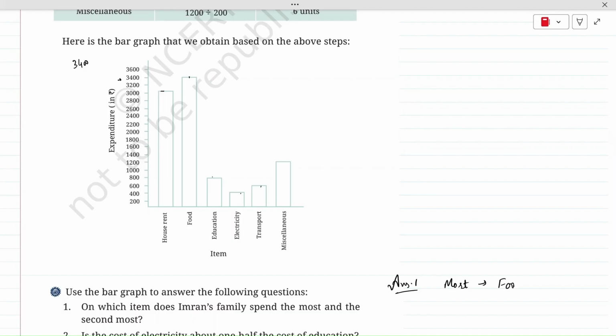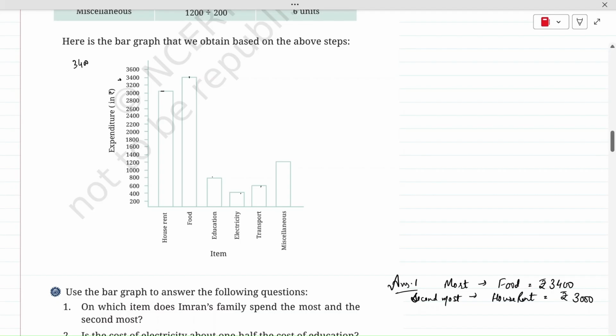And on food, how much are they spending? They are spending 3400. And the second most is after food, the second largest number, which is 3000 for house rent. So they are paying house rent of rupees 3000 here.